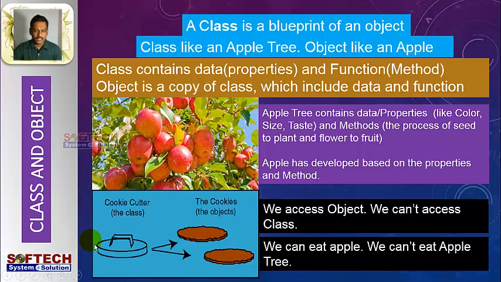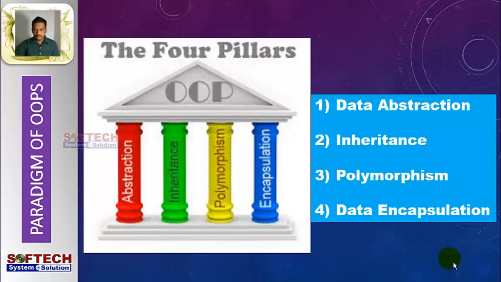We eat dosa, but we cannot eat a dosa pan. So only through an object can we access the data and methods. All object-oriented programming concepts are based on class and object. Class and object are the raw material for all paradigms of OOPS.